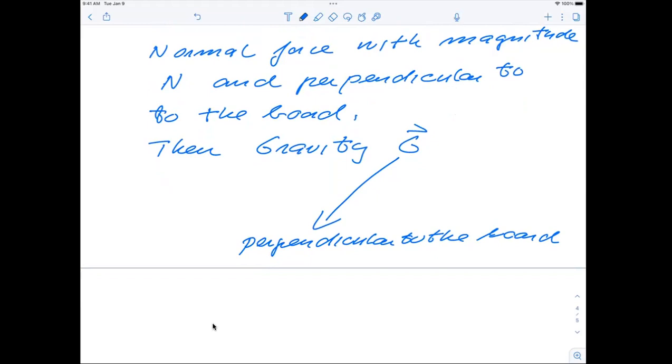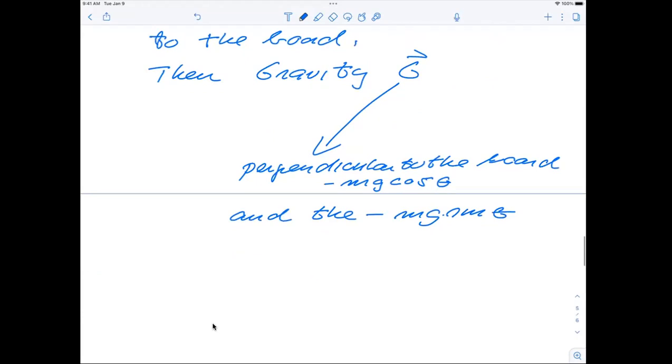We would write the first as minus m times g times cosine theta. And then the other component, acting along the board itself, is minus mg times sine theta.